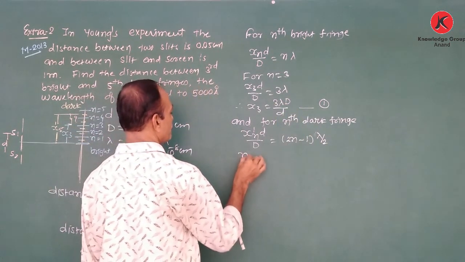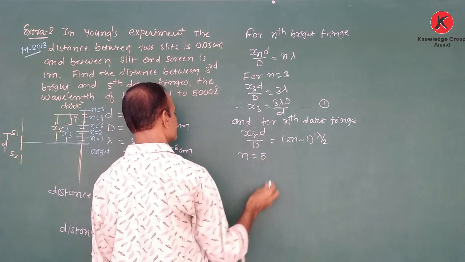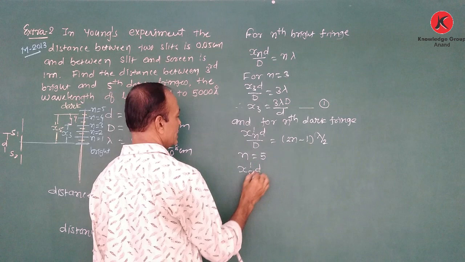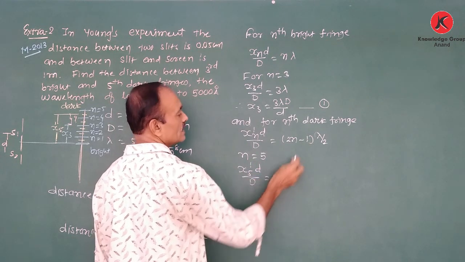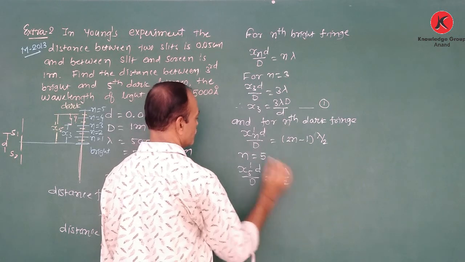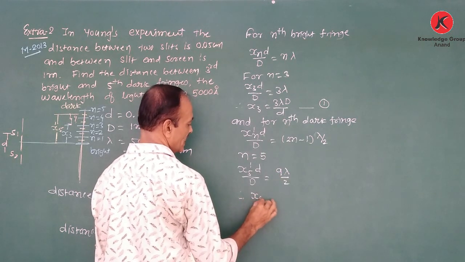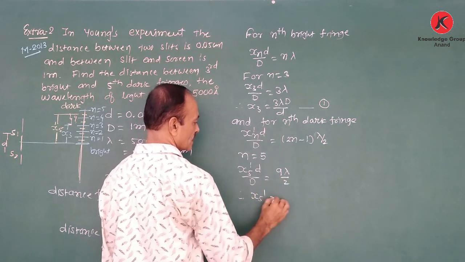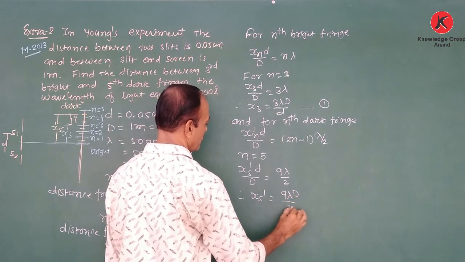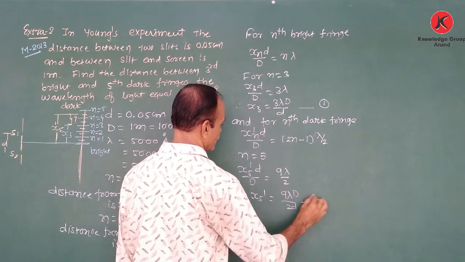N is equal to 5. Therefore, x5 dash d upon capital D is equal to (10 minus 1), 9 lambda by 2. Therefore, x5 dash is equal to 9 lambda capital D upon 2d. Equation 2.